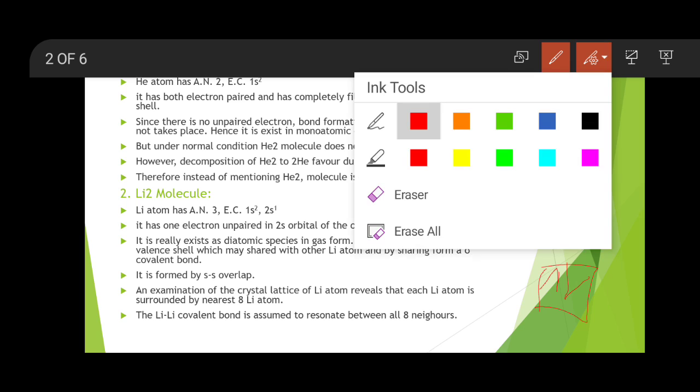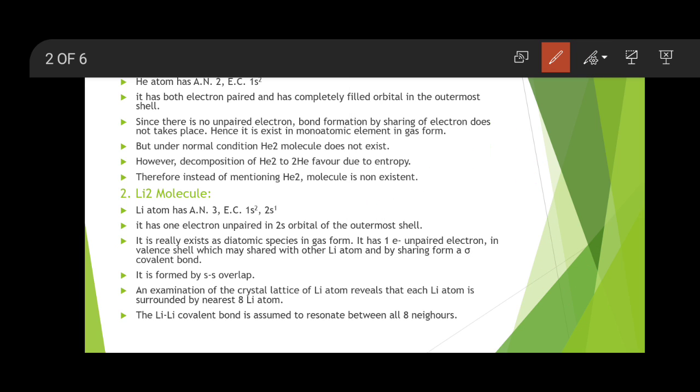In this helium atom, both electrons are paired, and therefore its orbital is completely filled. The first shell is the outermost shell of the helium atom, and therefore both electrons are already filled in the valence shell, so there are no electrons available for bonding.